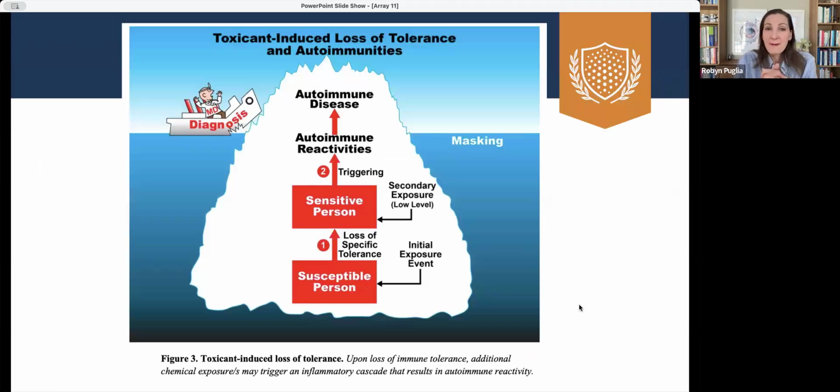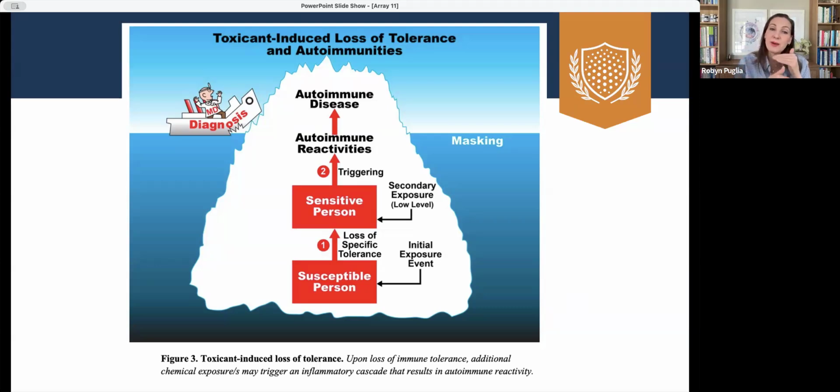So additionally, toxicant-induced loss of tolerance can directly lead to loss of tolerance in other areas. So loss of immune tolerance to the chemical burden of the body, but also to chemical exposure in the environment, is actually a fairly well understood mechanism of multiple different chronic illnesses. This is very well described for ME and chronic fatigue syndrome, fibromyalgia, people with multiple chemical sensitivities.